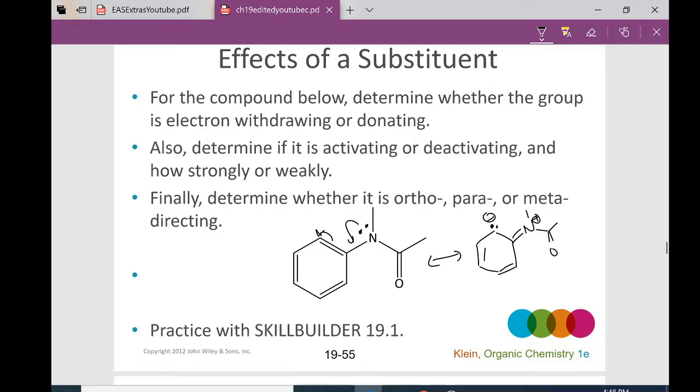So this lone pair can also exhibit resonance with this oxygen outside the ring. And that's going to make it not as strong of an activator as it would be if that resonance didn't exist.